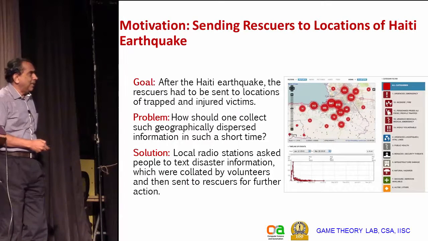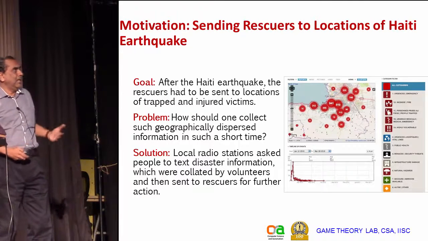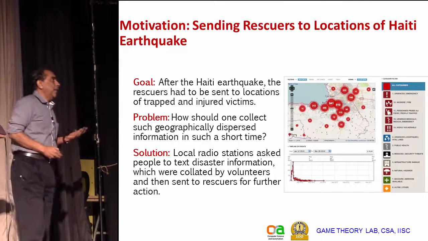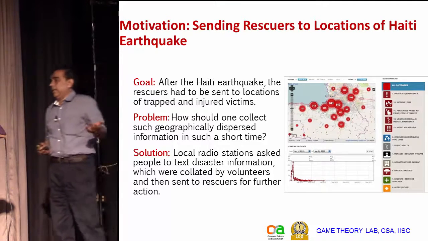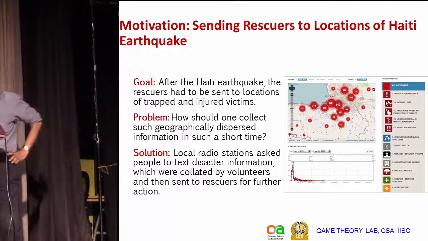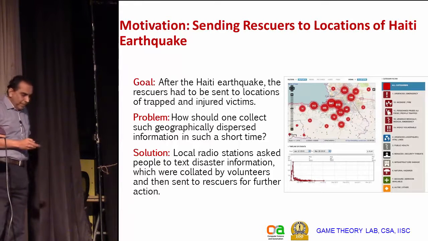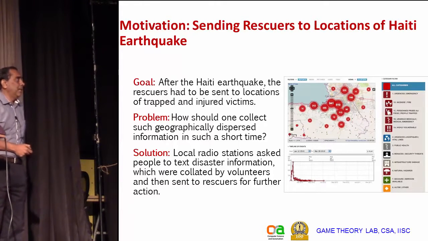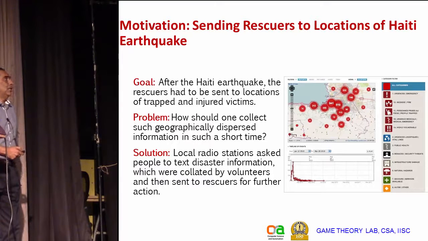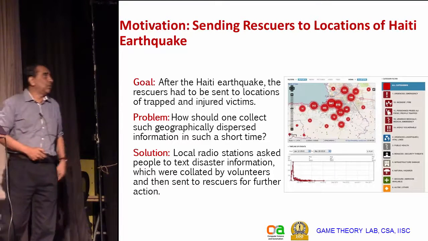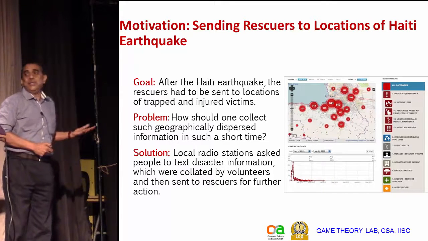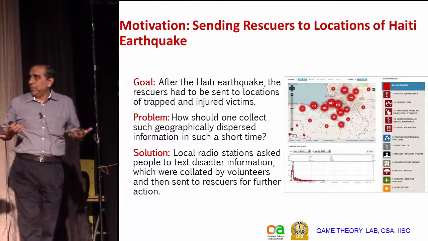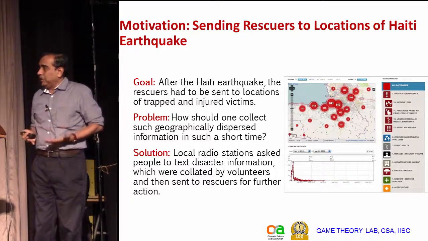The second example is somewhat similar. Here, the idea was to send rescuers to locations of the Haiti earthquake, which happened in 2010 or so. The problem was that after the earthquake happened, the rescuers had to be sent to locations of trapped and injured victims. But how should one collect information about which parts of the country are actually affected was an issue.